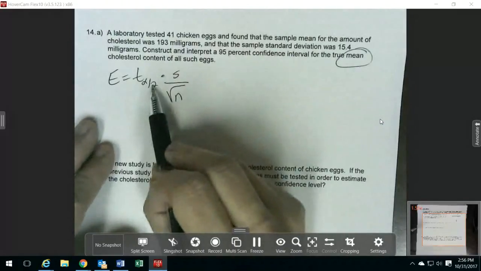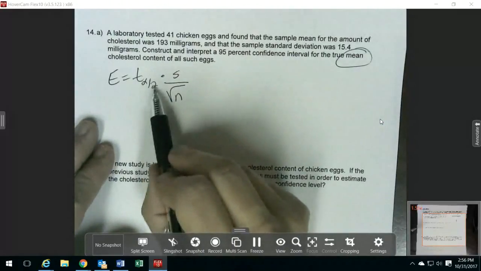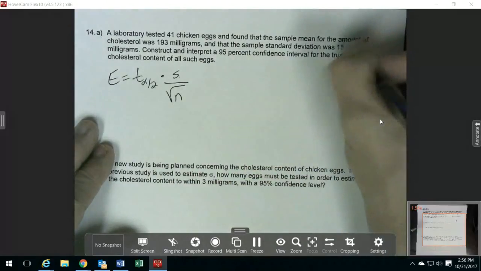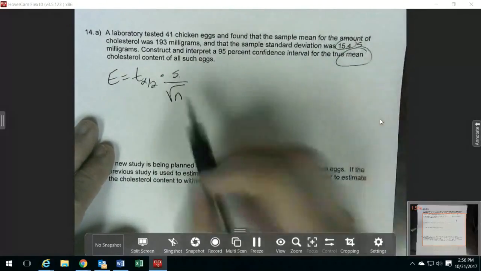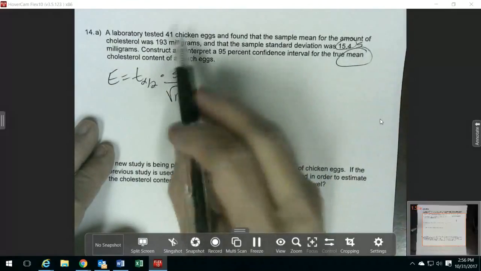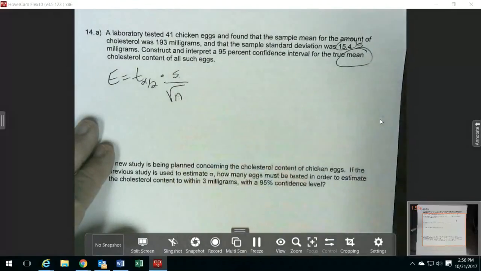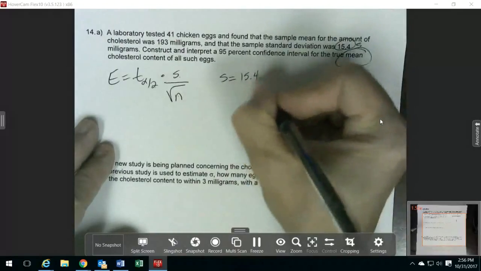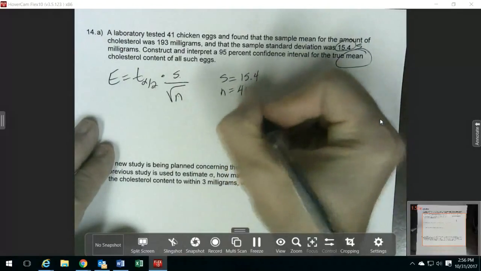So we're going to have to find our critical value using the inverse t function. The s is the standard deviation, and the n is the sample size. So our sample size is 41. So we have s is 15.4, the n is 41.